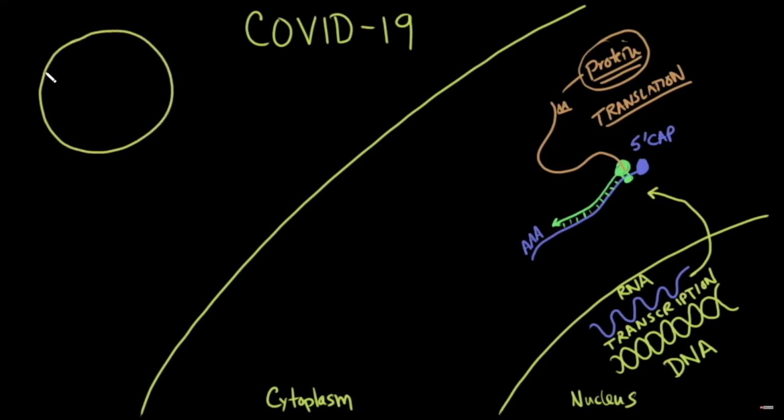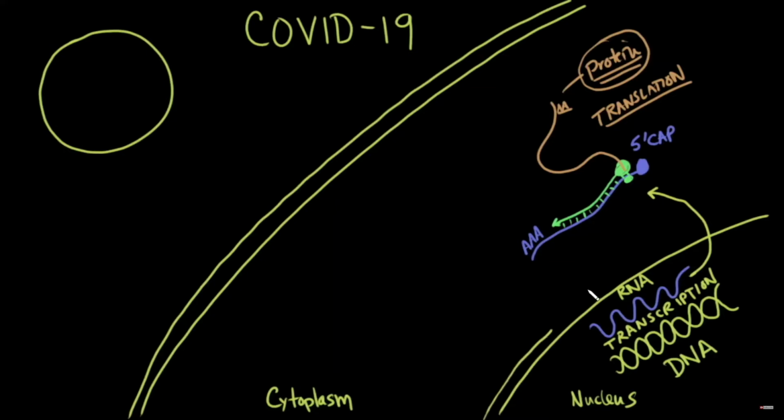I'm drawing lines here, but you should be aware that the outside of this cell is something called a lipid bilayer. And actually, the nucleus is a double layer of a bilayer, which we don't have to worry about. But if you were to look at this very carefully, there would be a hydrophilic layer on the bottom and the top, and in the middle it would be lipophilic.